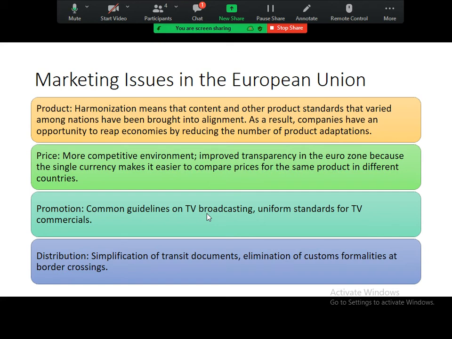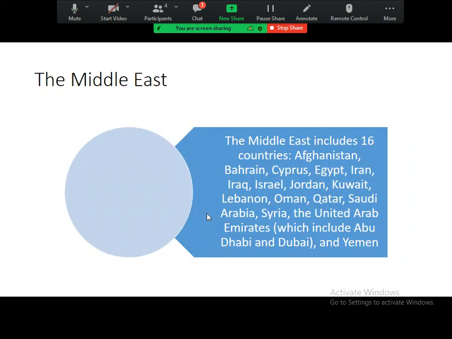Exporting has been favored as the market entry mode, but direct investment in the region is on the rise. With wage rates much lower than those in Spain, Portugal, and Greece, the region offers attractive locations for low-cost manufacturing. Consumer products distribution is a critical marketing mix element because availability is the key to sales.